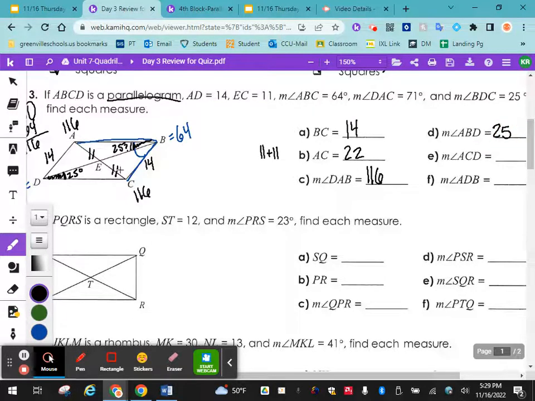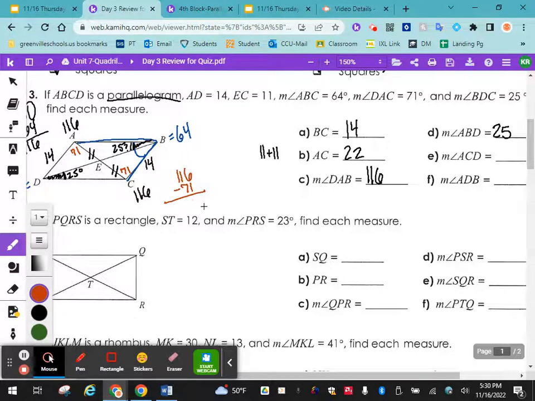ACD, from A to C to D, I need a little bit more information. So DAC is 71. That means this one is also 71, alternate interior angles. So from A to C to D, I'd have to solve for it, because I know the whole angle is 116 and part of it is 71.